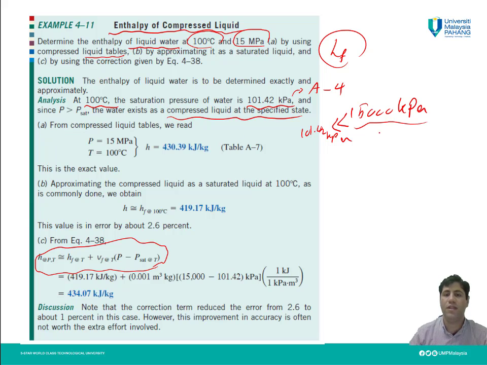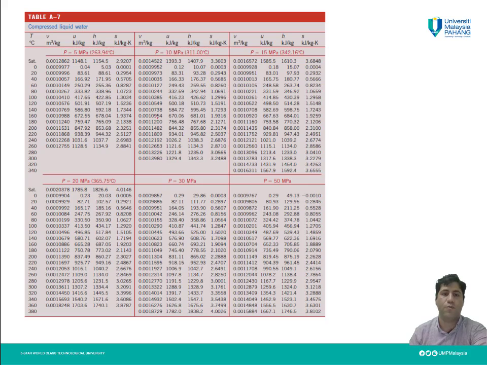In part A, we need to find enthalpy by table. The table in which we can find different properties for compressed liquid water is table A7, which we have here. If you notice in this table, we have different properties like specific volume, internal energy, enthalpy, and entropy for compressed liquid water at different temperatures and pressures.